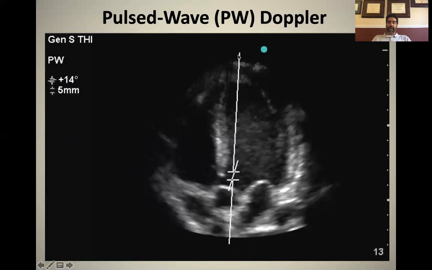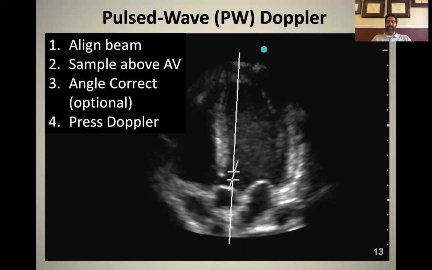Okay, this line is telling you this is the direction that the sound wave is being pulsed into the tissue at. So this is the direction of your Doppler beam. And you can move this left and right. Okay, so the first thing you want to do when you turn it on, you're going to align this beam by moving your finger left and right. And you want to align this beam so that this beam is as parallel to the blood flow through the LVOT as possible.